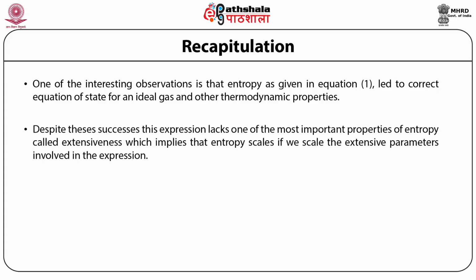Despite these successes, this expression lacks one of the most important properties of entropy called extensiveness, which implies that entropy scales if we scale the extensive parameters involved in the expression.